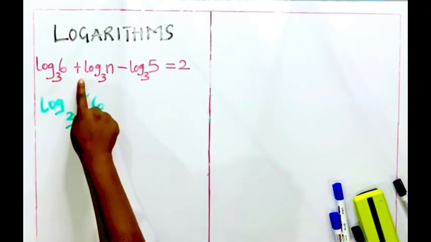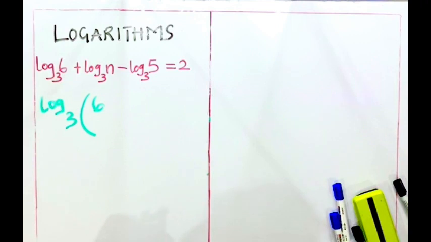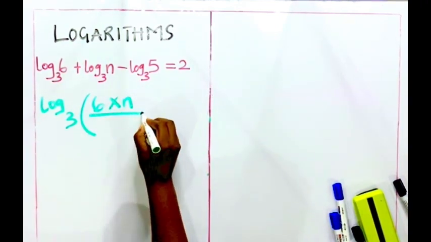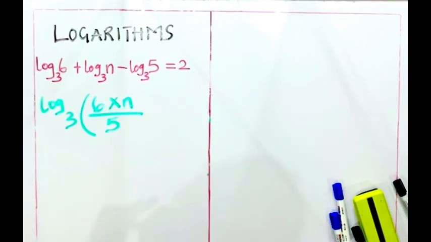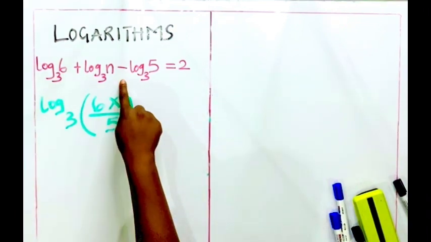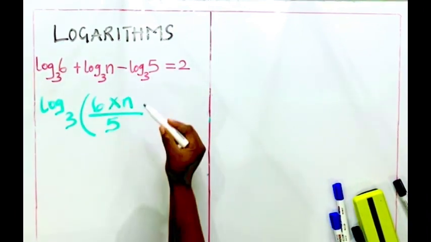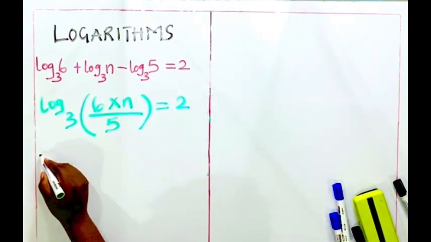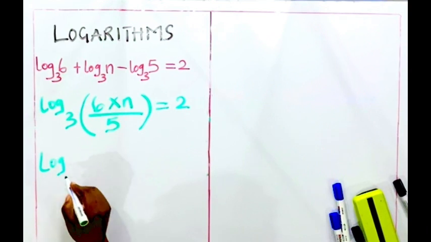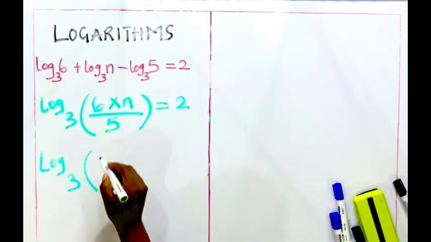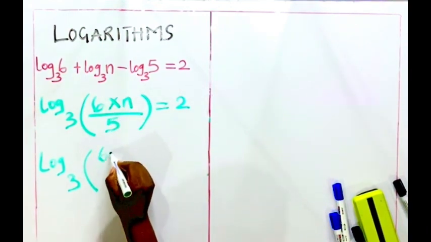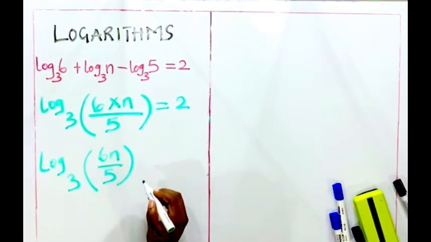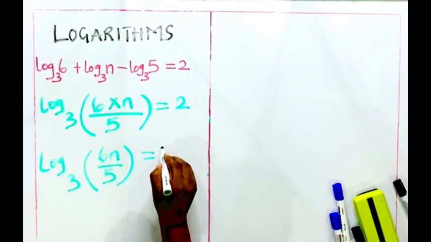Since this is plus log n, it will change to times n all over 5. It is all over 5 because we have minus log 5. Close bracket equals 2. Log base 3, 6 times n is 6n over 5. You close the bracket equals 2.